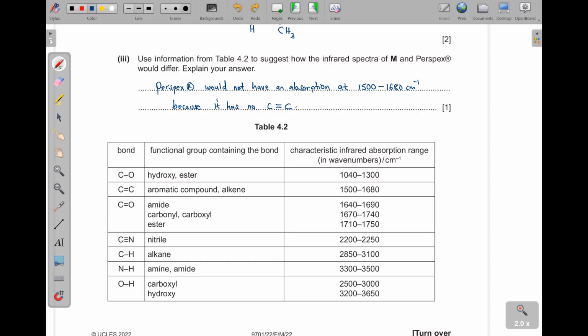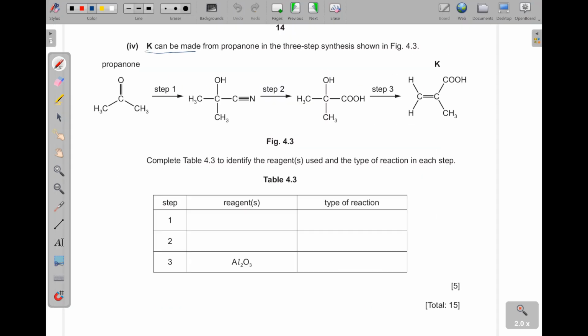Okay? Reverse is true. Roman 4, K can be made from propanone in the 3-step synthesis shown here. Okay, we have propanone, then this is hydroxynitrile. That means here they added hydrogen cyanide in trace amounts of, let's say, potassium cyanide or sodium cyanide. Okay, it's an addition reaction. And then from here, there is hydrolysis. We can see this one here going to a carboxylic acid.